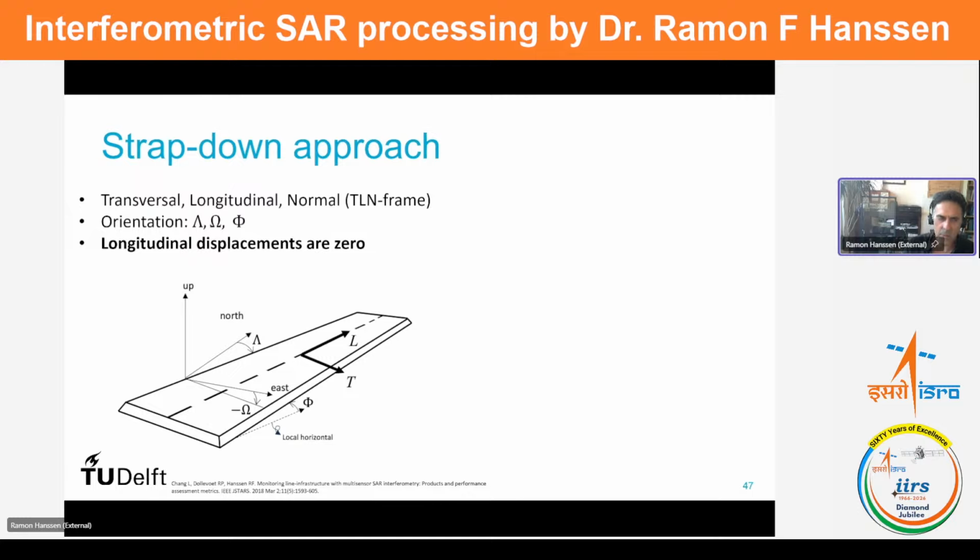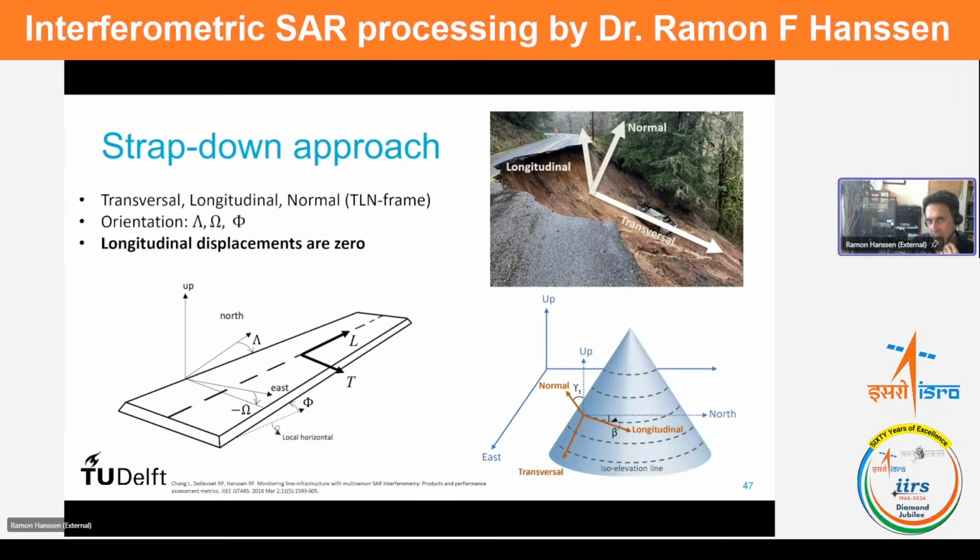We don't want to focus on application agnostic processing, as I showed you in my first half of the lecture. We know that we're interested in the road. We know that there may be some concern. We may be interested in a landslide, as you can see over here. And then we know that the landslide will not move up the mountain, and most likely it will also not move in the longitudinal direction.